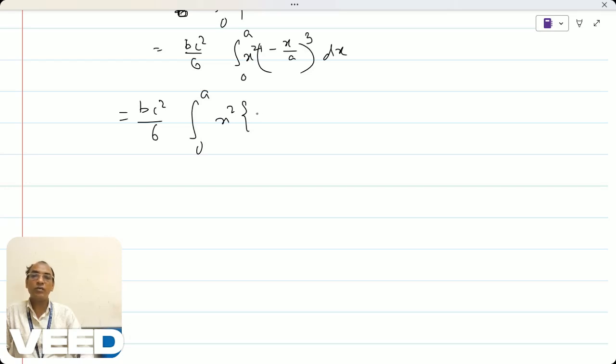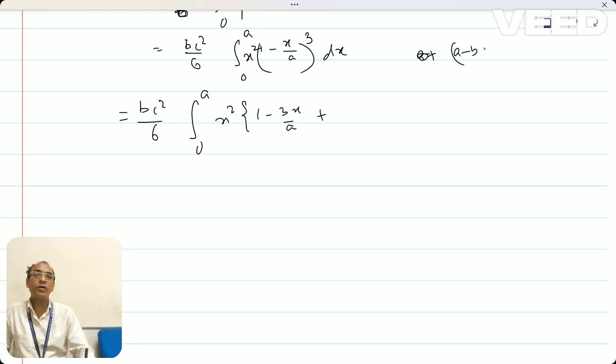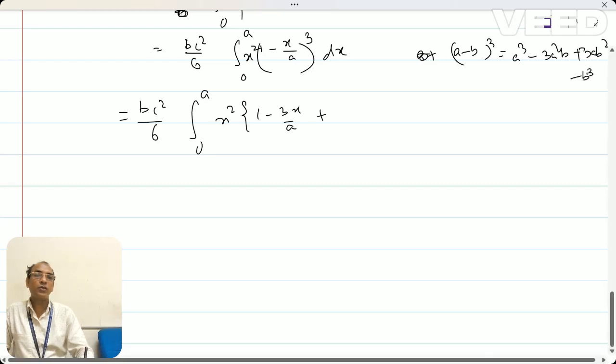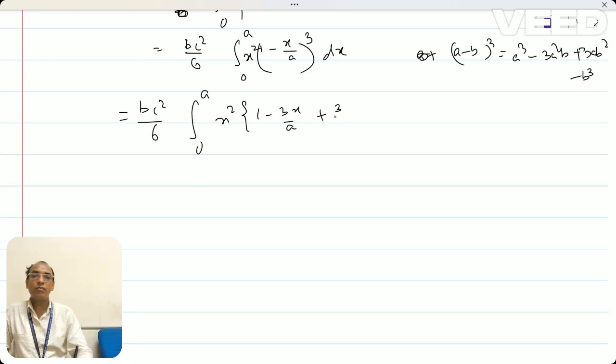If I find the cube, I will have 1 minus 3x by a, then plus 3 by a square into x square, and then minus x cube by a cube. I am using the formula for (a minus b) whole cube: a cube minus 3a square b plus 3ab square minus b cube. Here a is 1, b is x by a, and we will integrate it with respect to x.